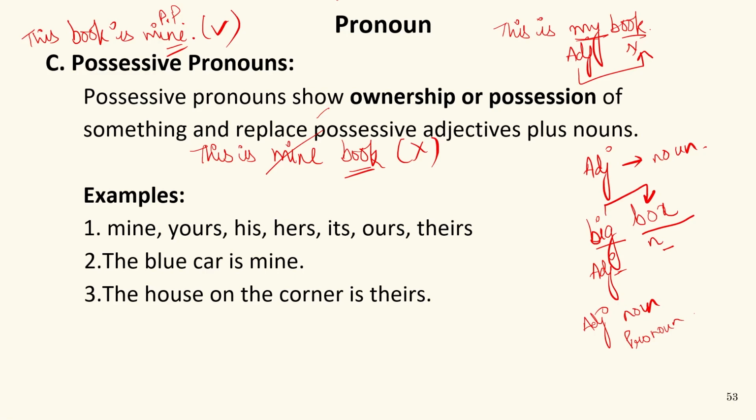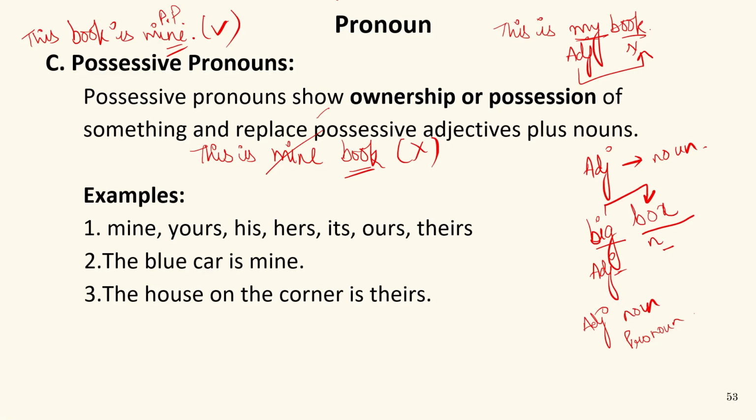But the writing style and the structure of the sentences are different, because in one we have used a pronoun and in the other an adjective. Adjectives precede nouns, but a pronoun replaces a noun.